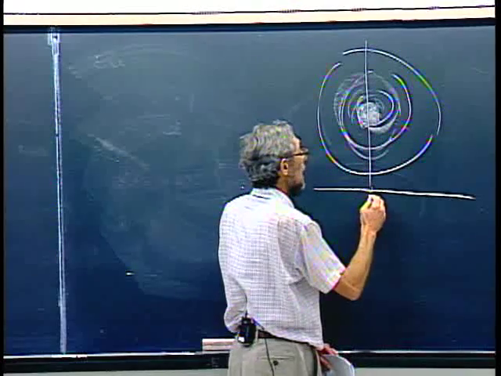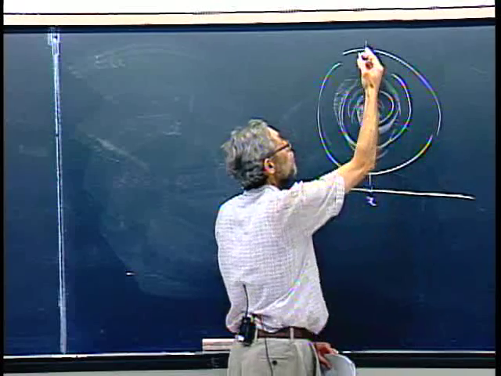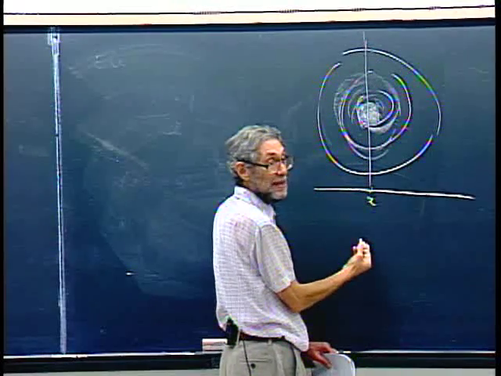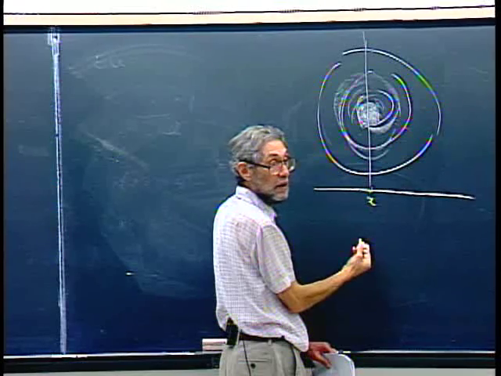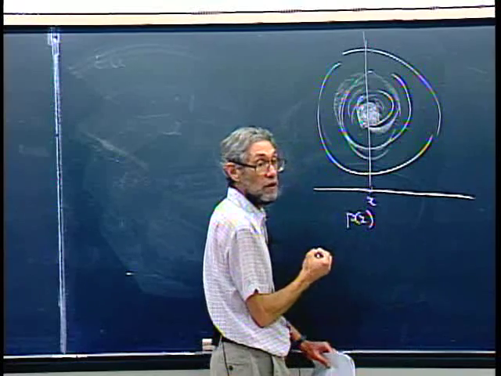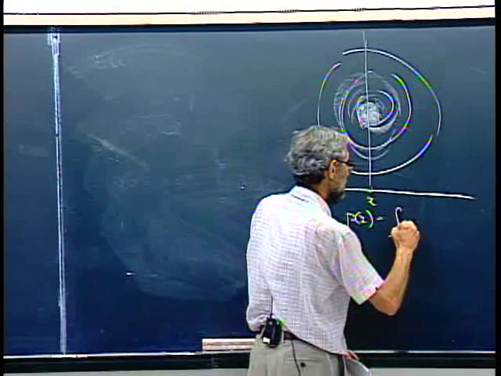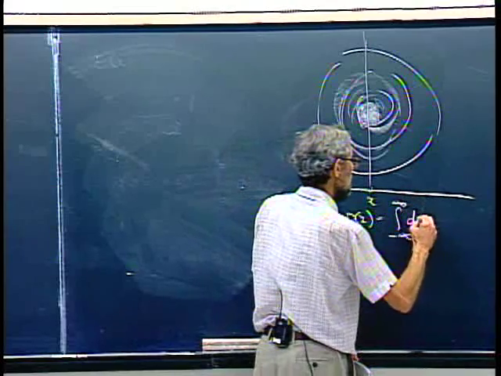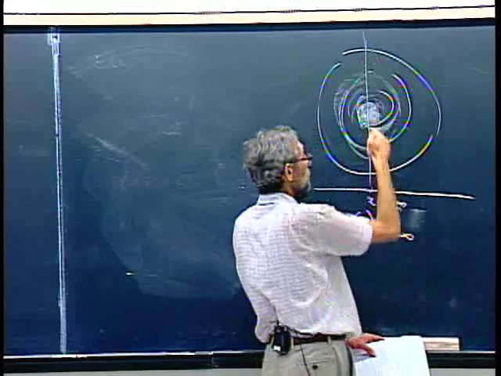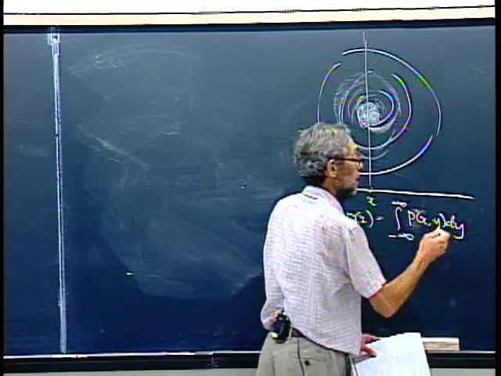So for each value of x, we add up an integral over all the y's. Then we get a probability that depends on x. And so this probability is called the marginal distribution of the two-dimensional distribution. It's the integral from minus infinity to infinity of p of x, y, the density along this vertical line, dy.